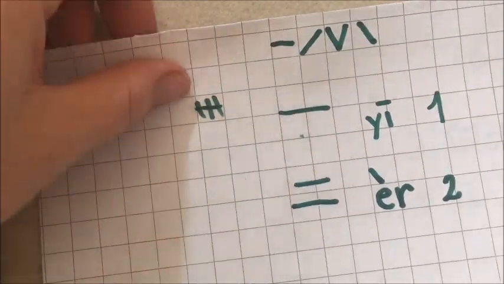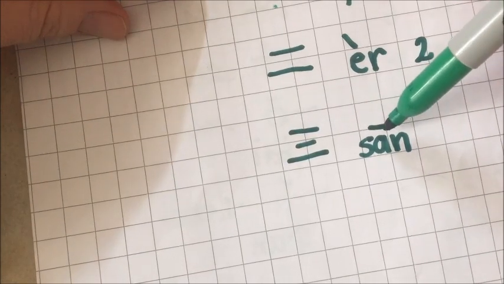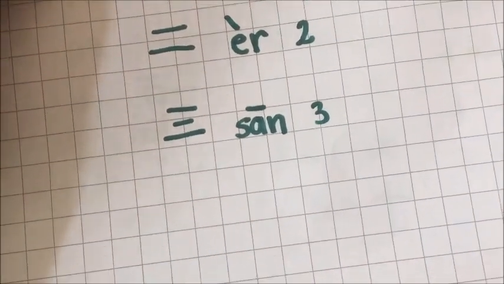Number 3. Number 3 is also like this. So 1, 2, and 3. 3 lines. And this is pronounced san. You should start to be able to recognize the 4 accents. So san is accent number 1. And this is number 3. Now let's go. Everything changes with number 4.